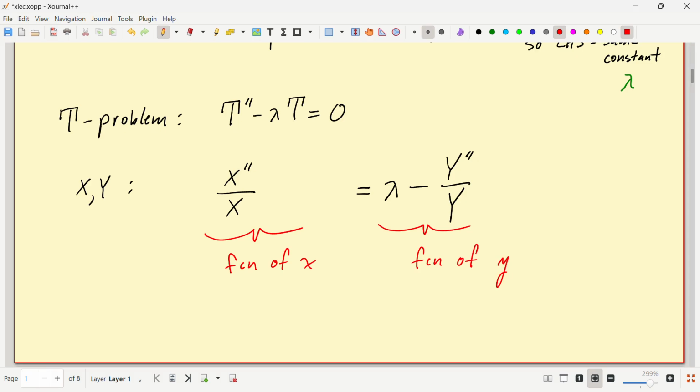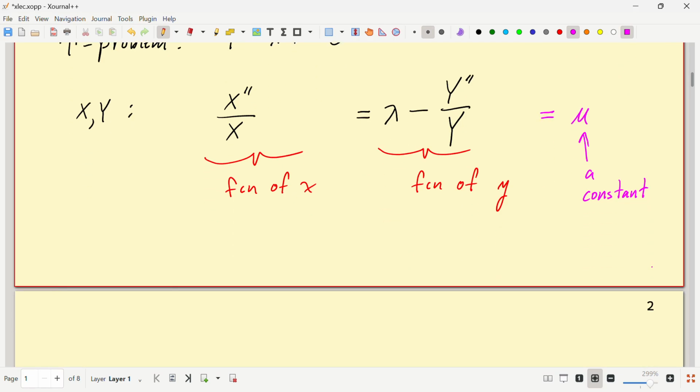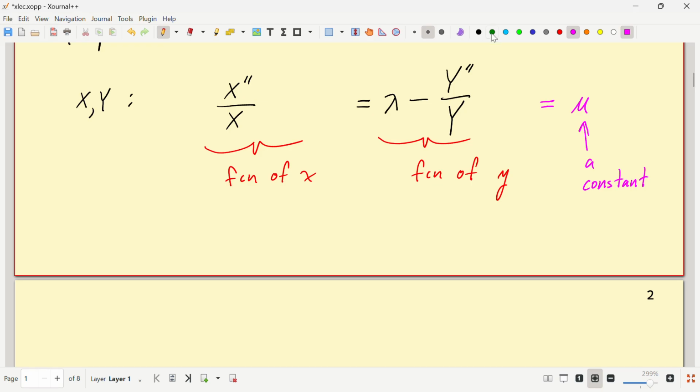And so these two things have to be constant. And now the constant, I'm going to call that constant a different one, mu. Okay, so we've got x problems now and y problems.